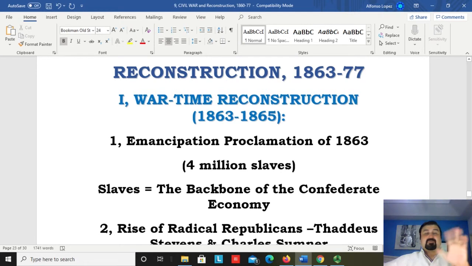In other words, first and foremost, let's emancipate the slaves. So he issued the order to the Union generals in the South that from now on, we have a new war aim. The war aim of the Union Army in the South is to free the slaves. In other words, this is what we're fighting for.